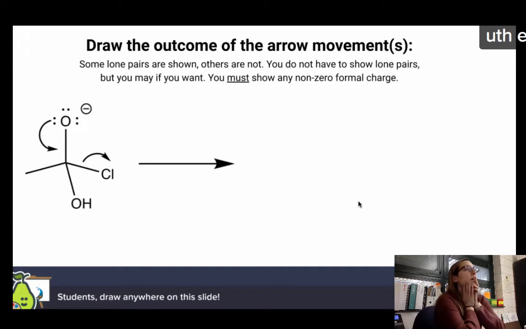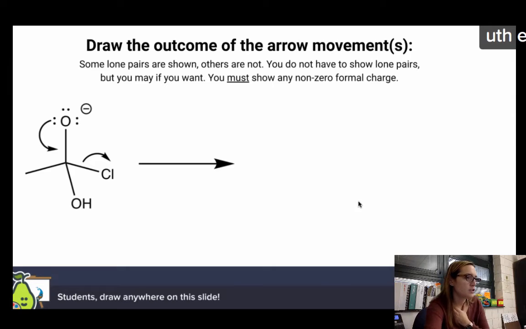Remember, on any kind of organic substance, you have to show the atoms that are not carbon. So that means that you don't have to show all of the C's, but you need to make sure you're showing the O's, the H's, well, the H that's on the OH, and the Cl's. And then do a quick check of formal charge.